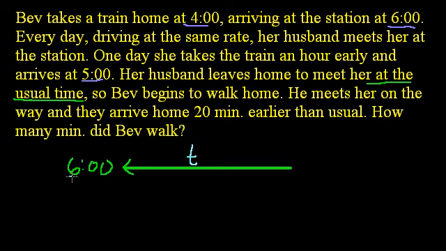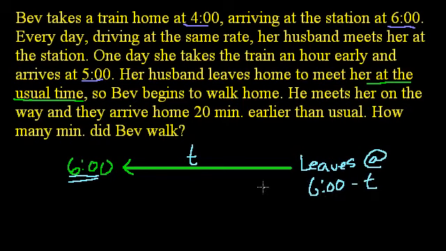So if he gets there at 6 o'clock, that means he left at 6 o'clock minus t. If t is 30 minutes, it would be 5:30. If t is 1 hour, it would be 5 o'clock. So he leaves at 6 o'clock minus t.